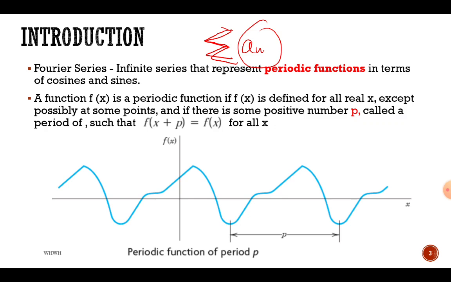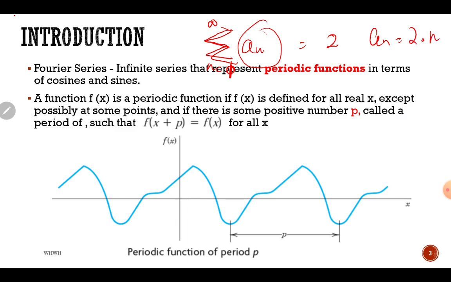Nombor tu memenuhi pattern tertentu. Contohnya katakanlah kita sumkan nombor genap. So maknanya this is summation starting from n equals 1 sampailah infinity, which is a_n kita ni adalah sama dengan 2 darab dengan n.